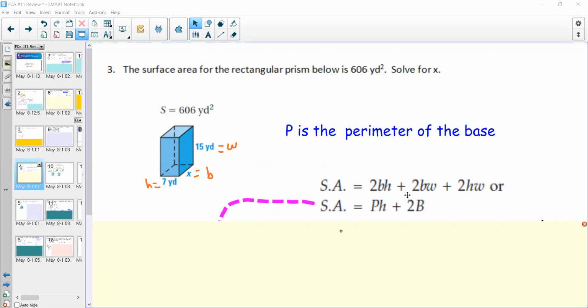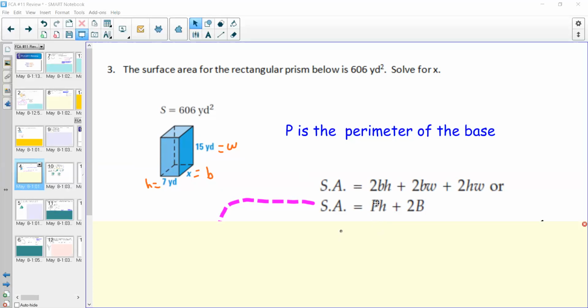On your reference sheet, you have, I think, 2 different formulas. First of all, let's talk about surface area. Surface area is the sum of the areas of all the faces. If I wanted to, I could individually take the area of the 2 top rectangles and the 4 side ones, and add them all up together. So these 2 formulas are basically the same thing.